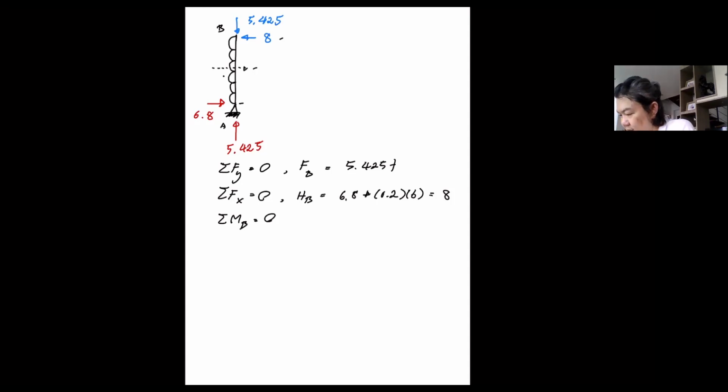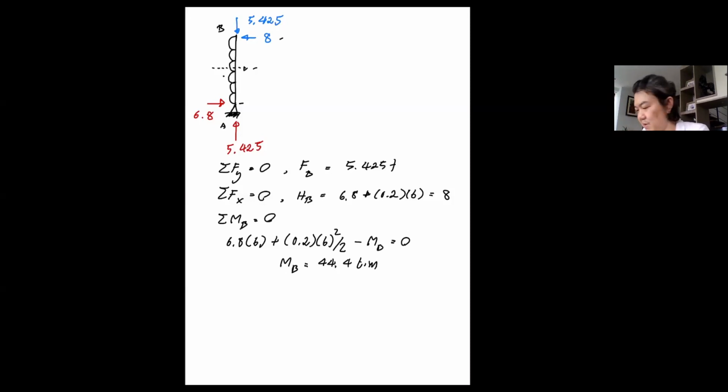We now have 6.8, which is the reaction, multiplied by the length of the member, which is 6 meters, plus that thing again, 0.2 multiplied by 6 squared over 2, and supposedly minus MB equal to 0. So there you're going to have MB, and you will know that it's not going to be 0, highly unlikely. And this is equal to 44.4 ton meter, after some calculation.